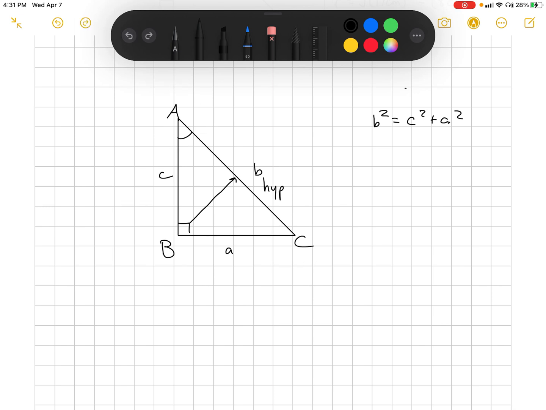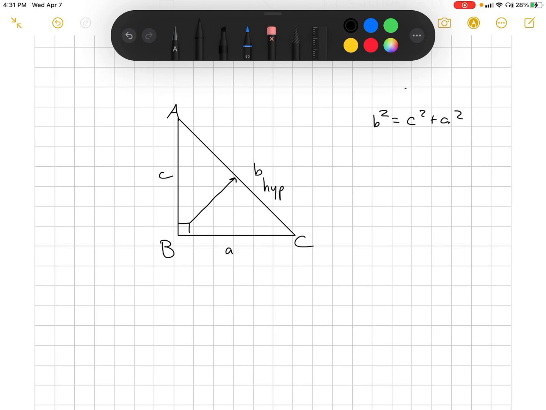It could also say, find angle A or something like that, okay? That's indicating that we are using A as our reference angle. It could also be C, but it should be noted that the right angle is never going to be a reference angle, okay? It's always going to be one of the two acute angles.